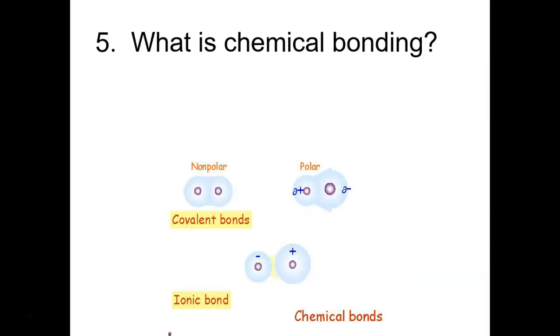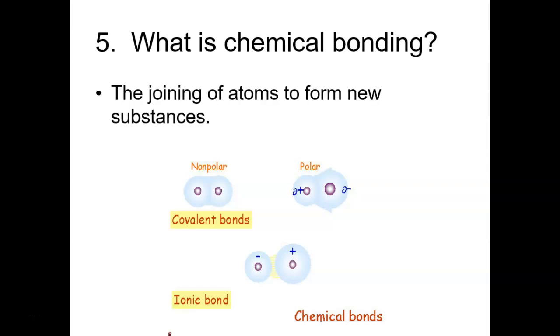All right, so here we get to the question. What is chemical bonding? Well, it's when two atoms join together to form a new substance. So the joining of atoms to form new substances. This is a chemical bond.